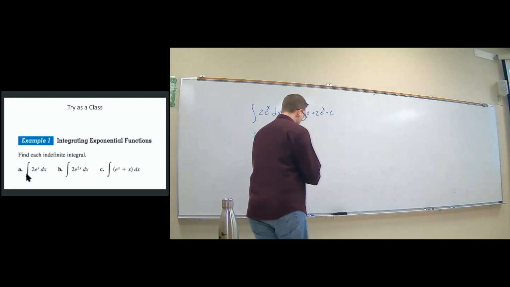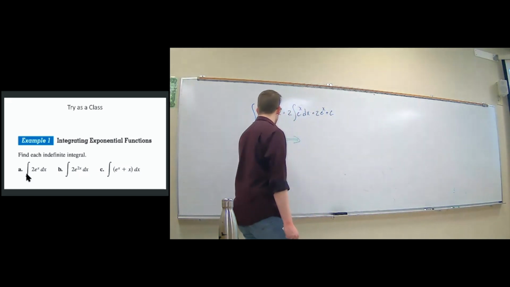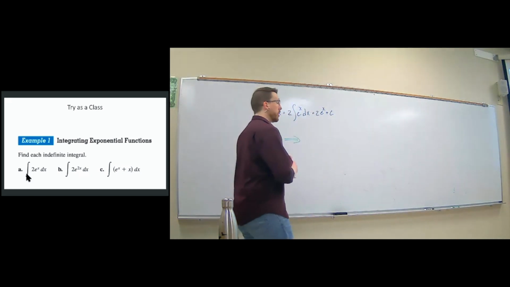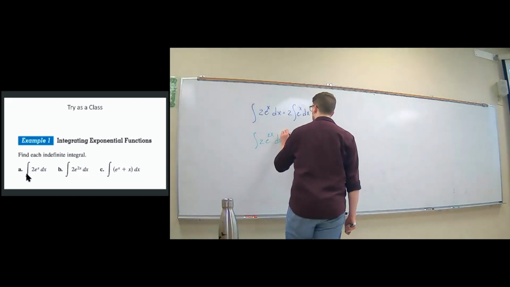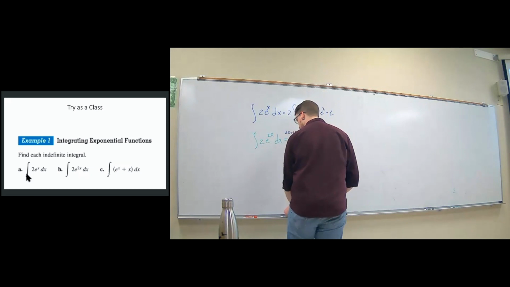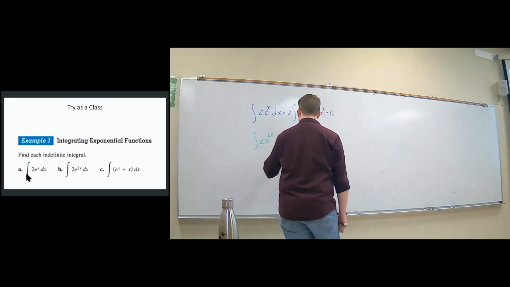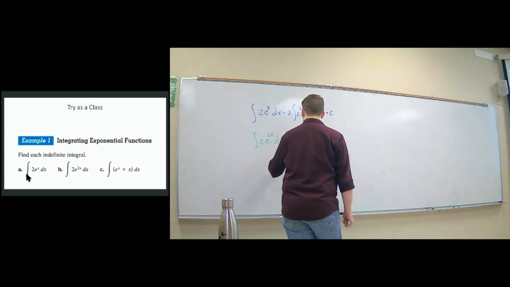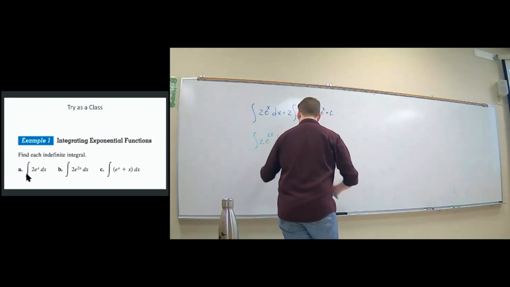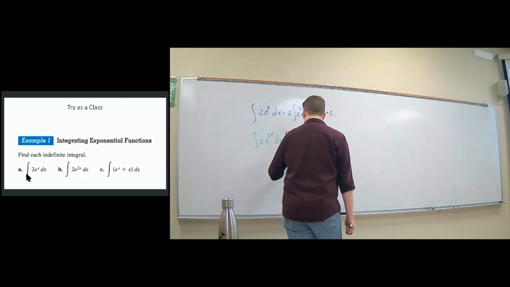And we're going to use u substitution to say, let's set 2x equal to u. When we do that, we get that du/dx is equal to 2, and du/dx times dx, excuse me, is equal to 2 dx.